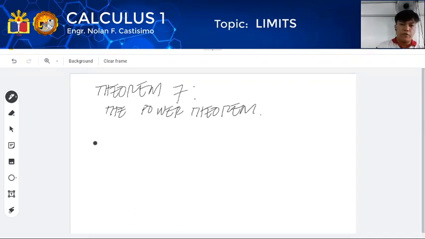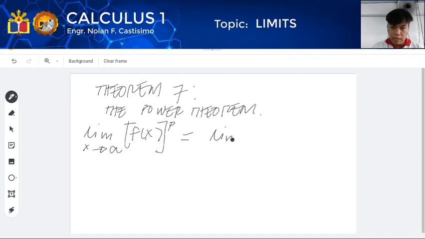Okay. So, our formula or the mathematical notation, limit of f of x. Okay, lagyan natin ng bracket para sa exponent, which is yung p or yung power, as x approaches a is equivalent to the limit of f of x. So, di ba kanina may value tayo ng limit ng f of x natin as x approaches a.